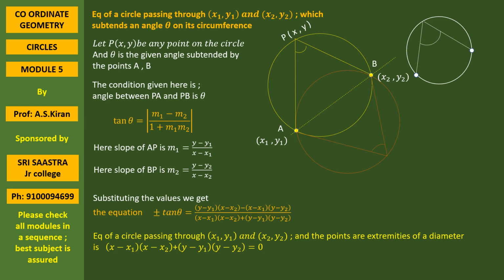Now, the equation of a circle passing through x1, y1 and x2, y2, where the points are extremities of a diameter.